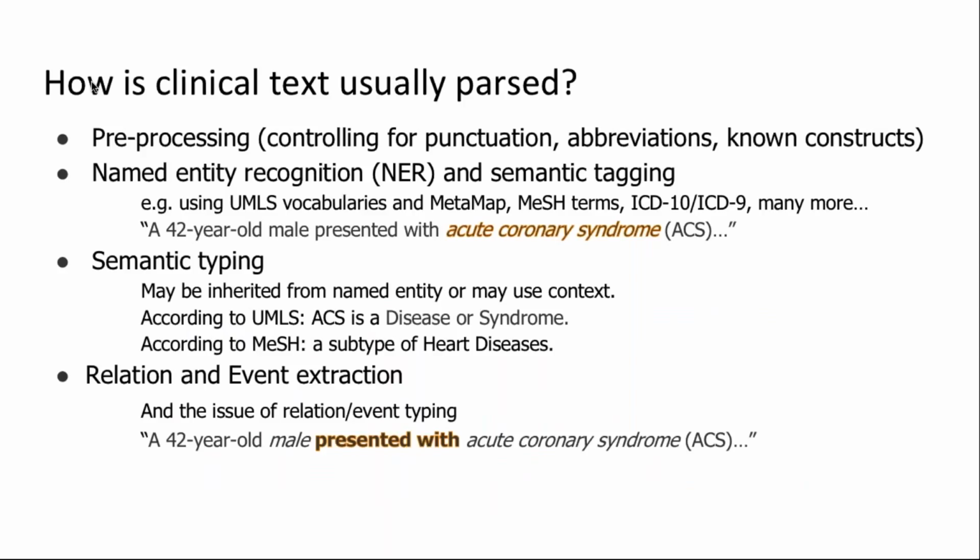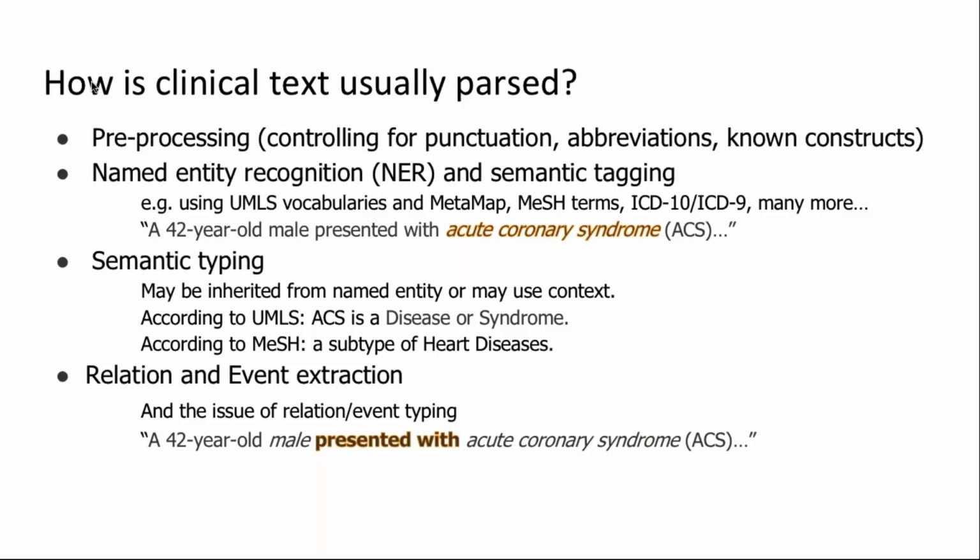So back to how clinical text is usually parsed in practice. There's a long history of mechanisms that people have used to specifically look at more technical language in particular. Some of the first steps usually include pre-processing it. You need to do things like controlling for punctuation.